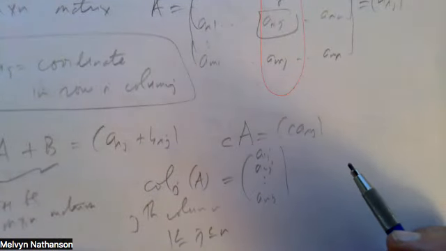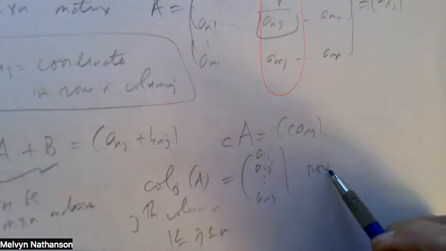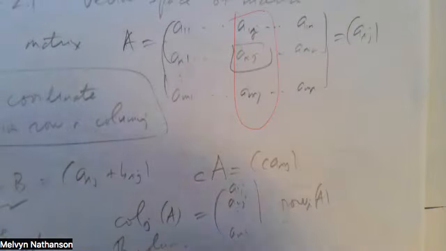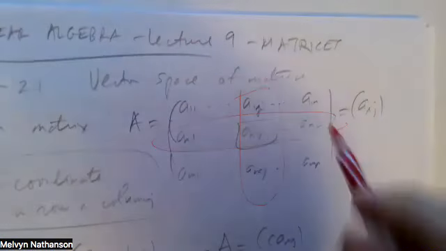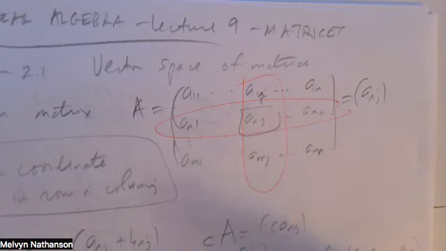And you also have the rows of the matrix, which are the row vectors. The ith row of A is the row vector you get by just taking the ith row of A. So this is AI1, AI2 up to AIN. This is the ith row.